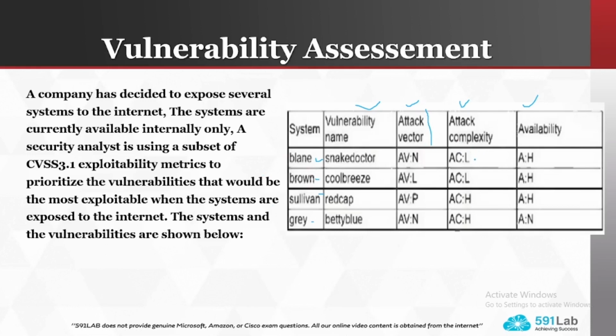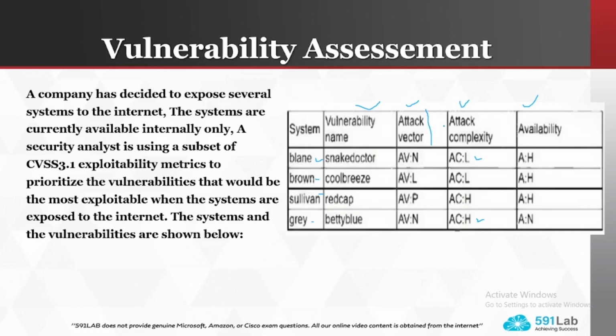While looking at the complexity, for Plain the attack complexity is low, so that means it's simple to attack, while for Gray the attack complexity is high, so Plain should be the more critical here. Since availability is high and attack complexity is low, everyone can implement the exploit.